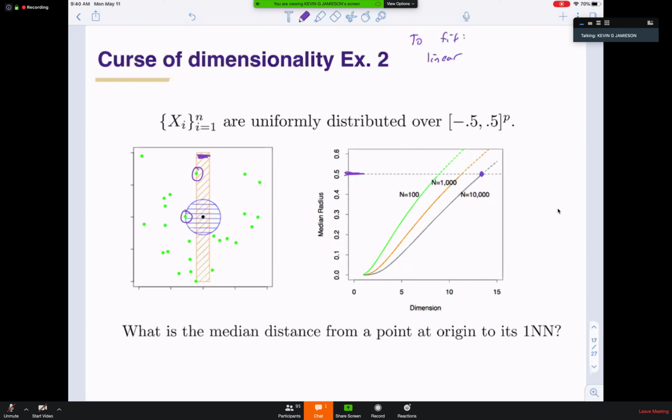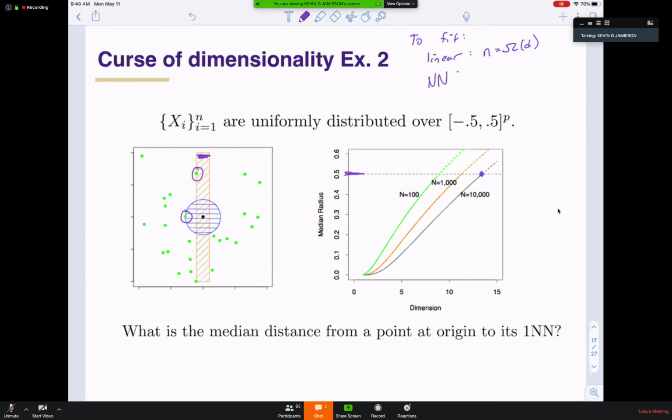To follow up on what Jamie was saying, to fit a linear model, if you have d features, you need n to be at least about d, or order d, like 10 times d or 100 times d. If you have less than that, you're probably going to overfit and not generalize very well.